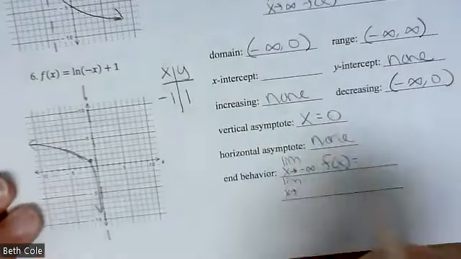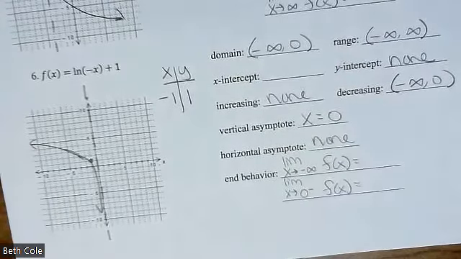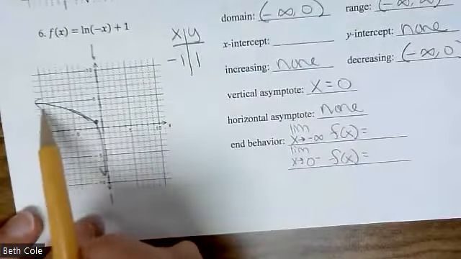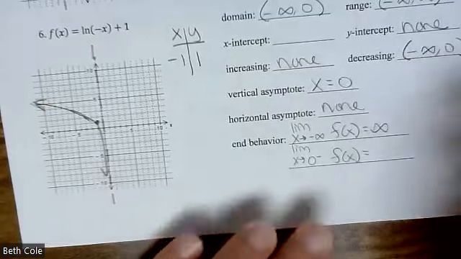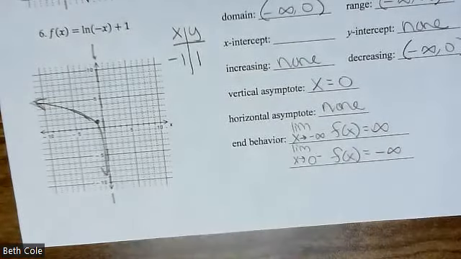So it'll be 0 with a little negative. The positive and negative is just from the right or from the left. All right, so where's the left arrow going? Yep, infinity. And the right arrow, negative infinity. And then you just have to go back and work out the x-intercept.